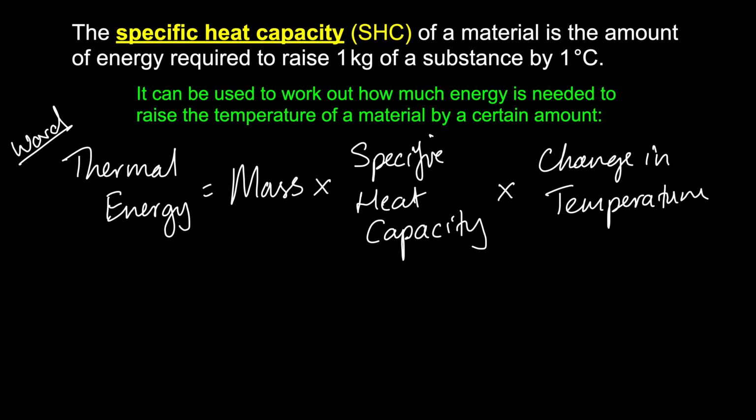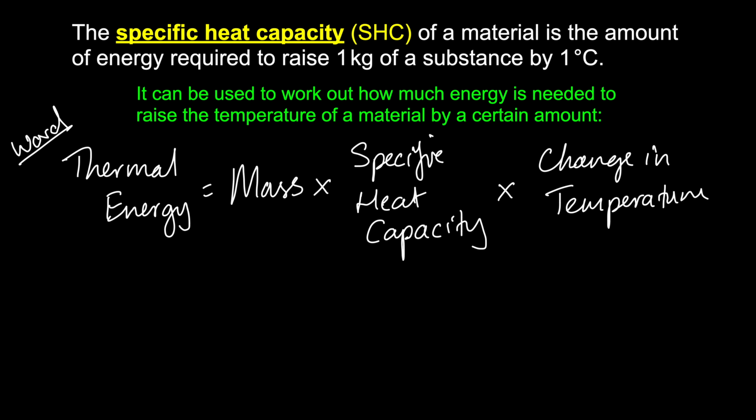The word equation is thermal energy is equal to mass of the substance times the specific heat capacity of the substance, this is its material property, times the change in temperature.